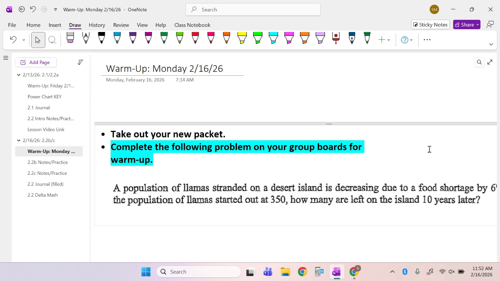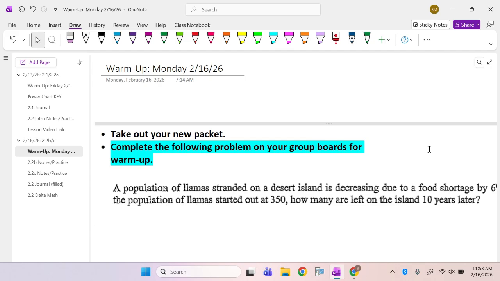What's my rate of decrease? 0.06. Right. So it's 6%, which as a decimal is 0.06. Remember, if you don't remember how to convert from percentage to decimal, all you do is take the percentage divided by 100. There's your decimal. Time. How much time do they want to pass? 10 years.